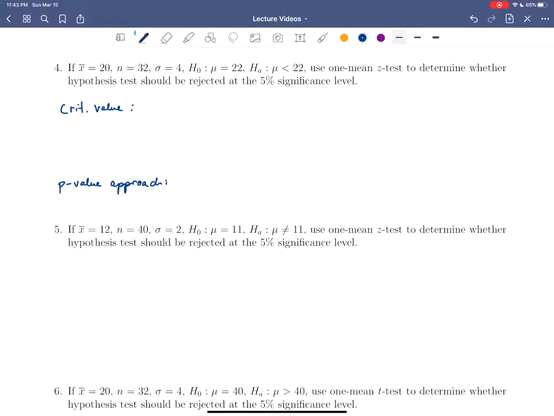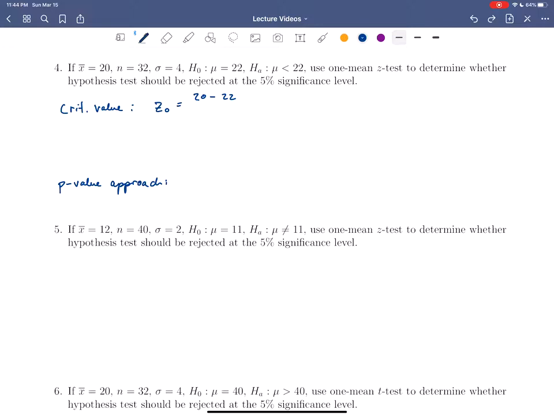So our idea is we're going to take all of our data and compute the standardized variable. That's going to be x bar minus mu naught divided by sigma over square root of n. So that's going to be 20 minus 22. Our mu naught is the value that we're always testing in the null hypothesis.